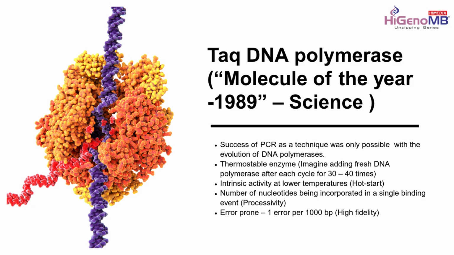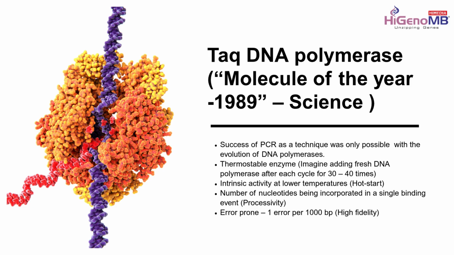So as I explained, the very property of Taq DNA polymerase, that is the thermostability, was the reason for the success of PCR. And there were more variations which happened in due course of time, and they improved PCR overall as a technique.